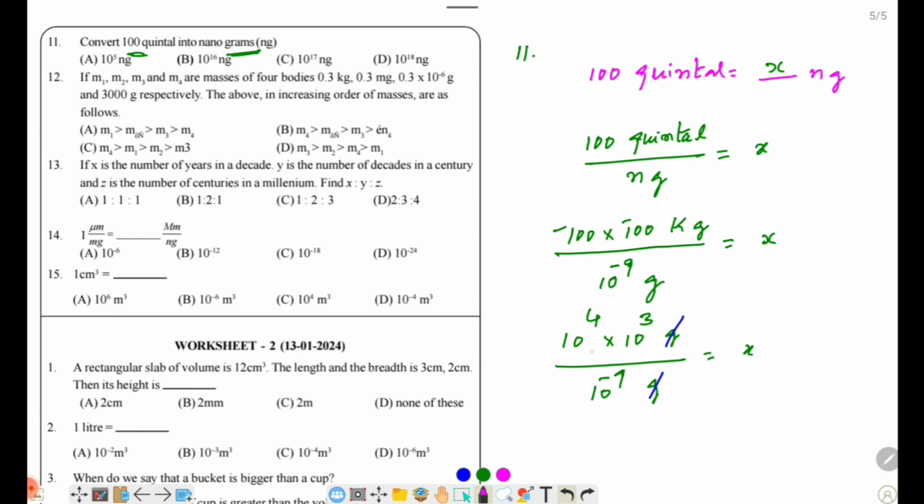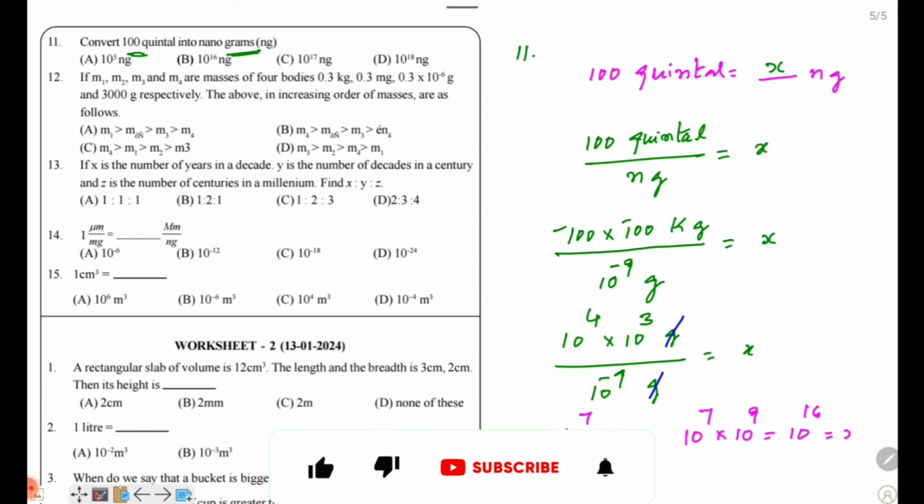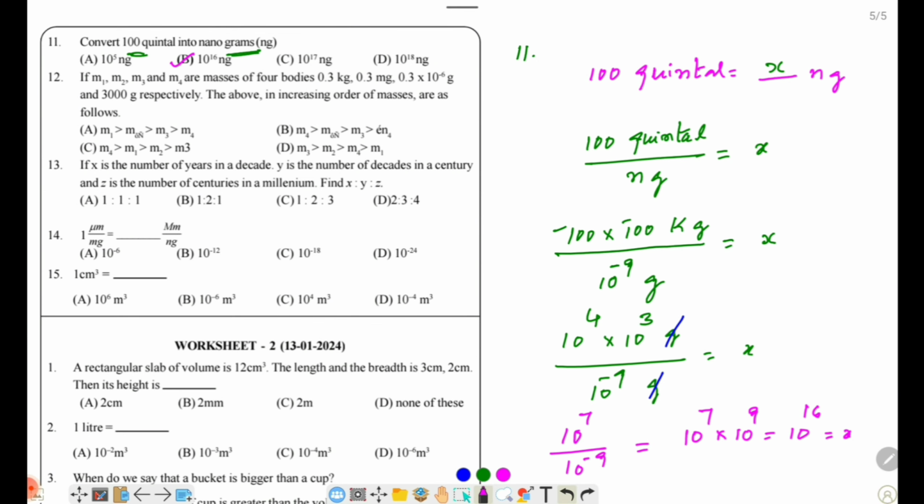So now that one is 10 power 7 divided by 10 to the power minus 9, which is equal to 10 power 7 into 10 power plus 9. Very good. So which is equal to 10 to the power 16. 9 plus 7 is the value of x. So which option is correct? Very good. Option B. If you get the correct answer, type your name in the comment section.